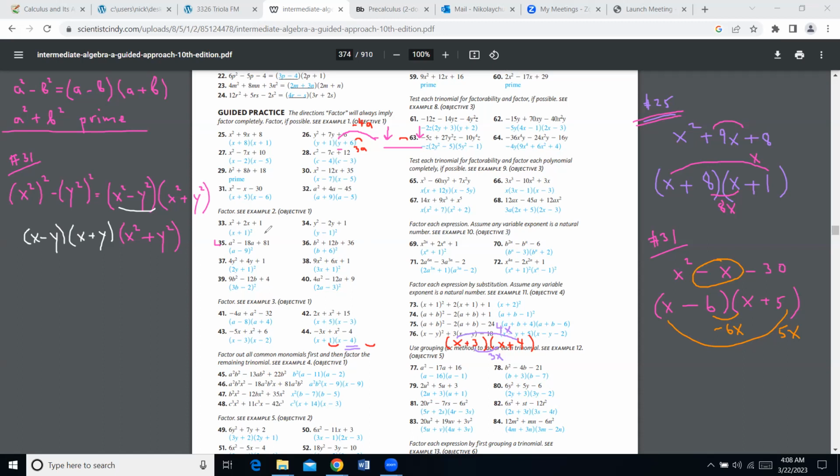I think a nice example is 33 here, because you don't have many choices in factoring expressions of this type. This is x squared added with 2x and added with number 1.